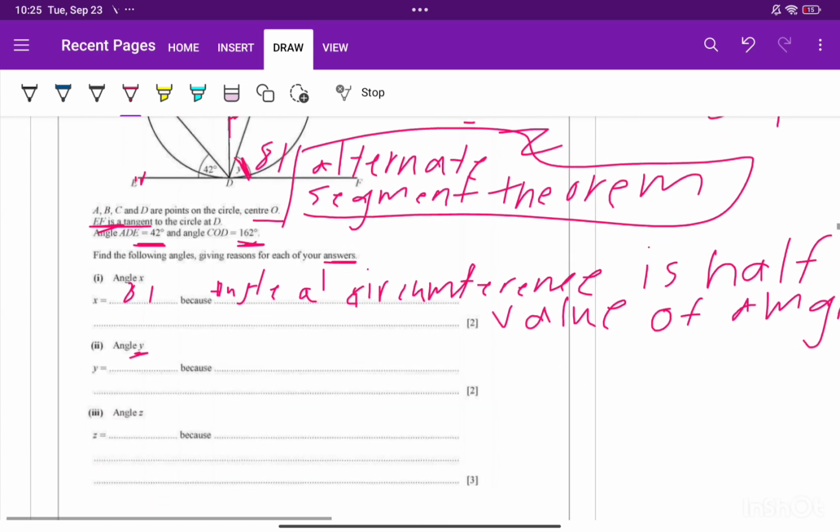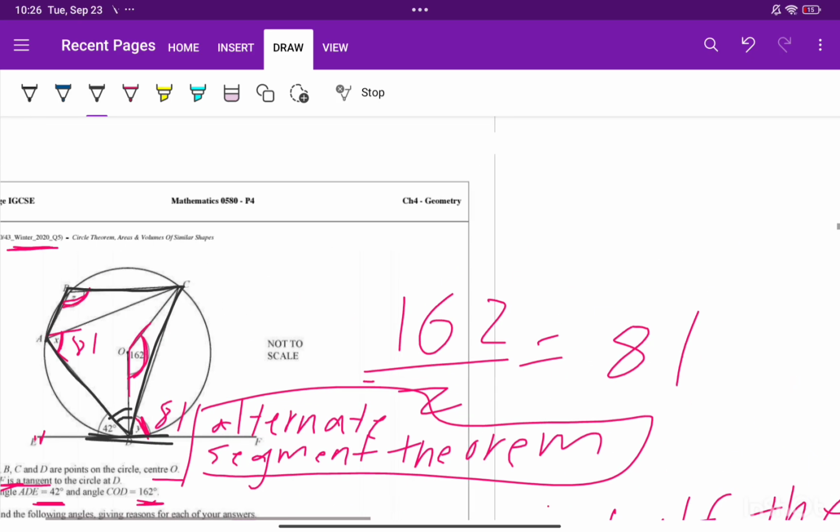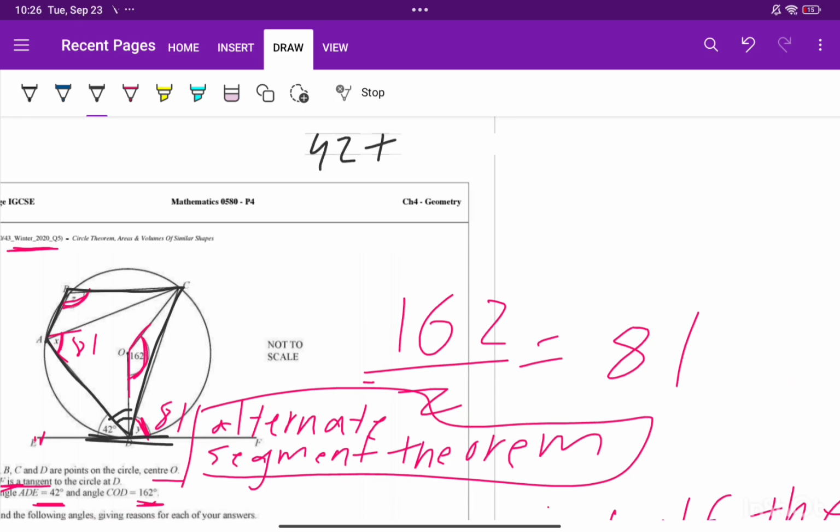Now find angle Z. How to find it? This is easy because AB, BC, CD and AD make a quadrilateral. We can find this angle as this is a straight line, and a straight line is equal to 180. So 42 plus, for example, this angle x, plus 81 is equal to 180.